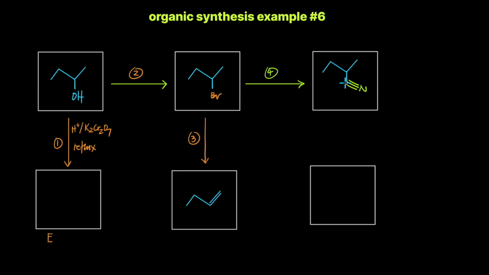So instead of Br, I put a CN. Okay, and then reaction number 5, I take the same CN, duplicate that, and the CN, I kick out the N, and I make this into a COOH.